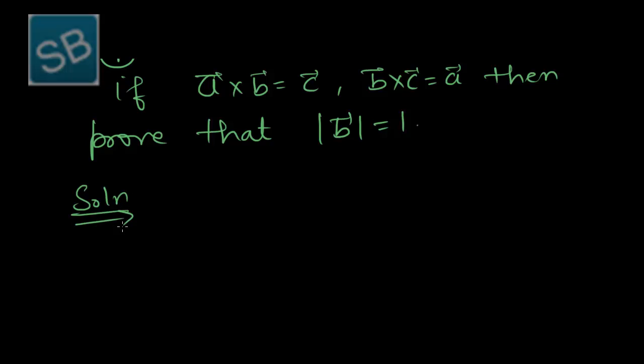So we have to find magnitude of vector B is equal to 1 from above these two relations.